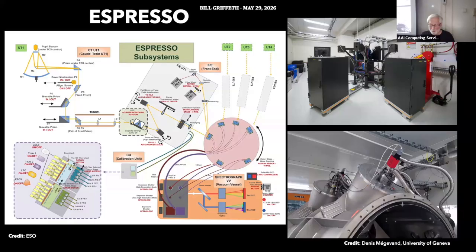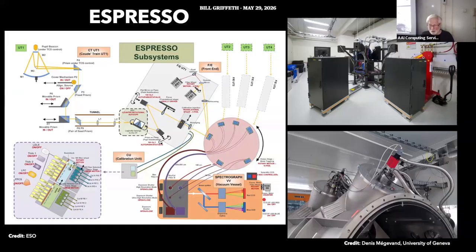The light from the four unit telescopes, and I'll show you the diagram for UT1, is routed by prisms and mirrors through long tunnels to the combined Coudé lab underneath the observatory platform where ESPRESSO is located. And ESPRESSO can combine the light from all four unit telescopes that come in that way, or simply use the light from one of them.